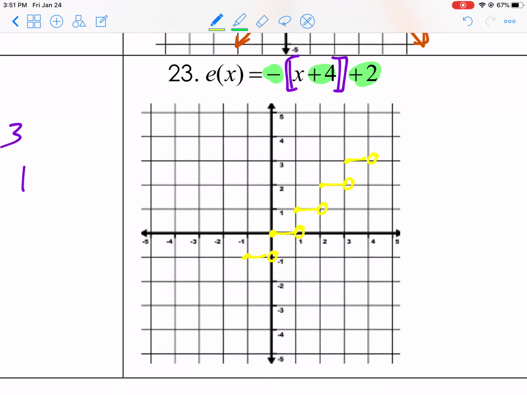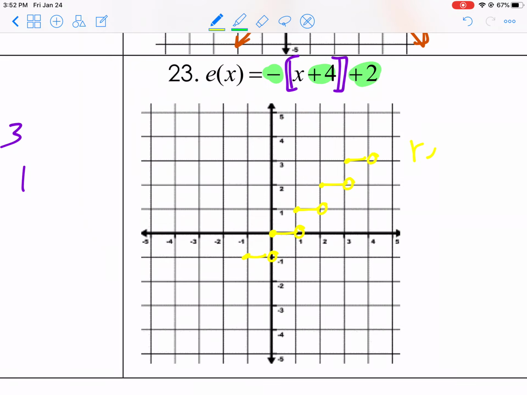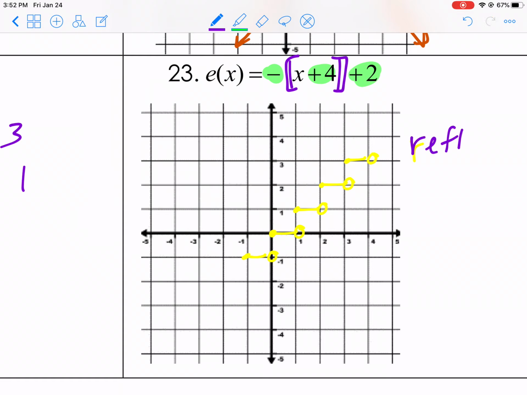This +2 is saying go up 2. So maybe let's write those words. Whoops, I'm still yellow. I don't want to be yellow anymore. Okay, reflect, left 4, up 2. So left 4, up 2. That's going to be here. Now since it's reflected, I'm not going to climb up there. Instead, I'm going to go like that.